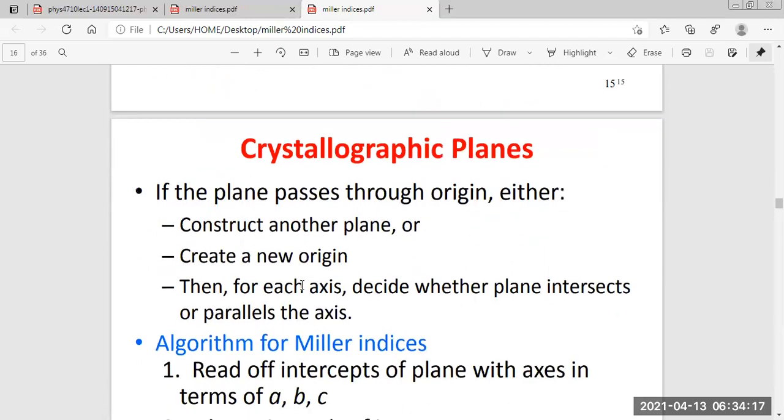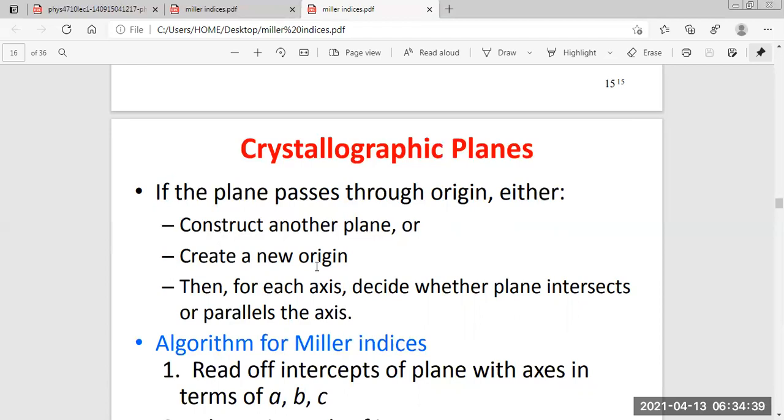Now, how do you define these crystallographic planes, right? If the plane passes through the origin, you have to construct another plane and create a new origin, and then for each axis decide whether the plane is intersecting or parallel to the axis. So how do you define this crystallographic plane?